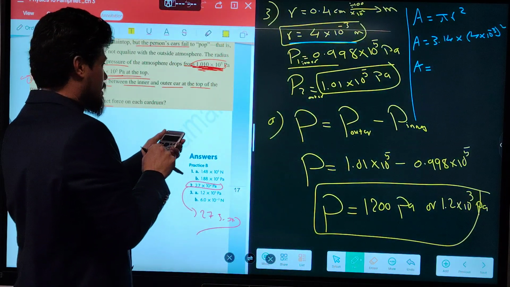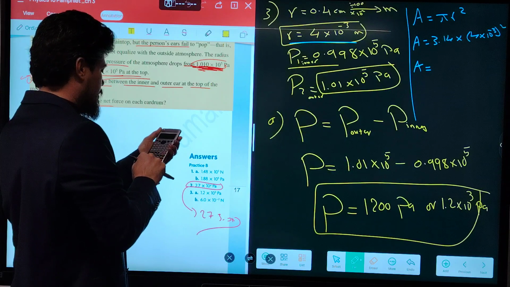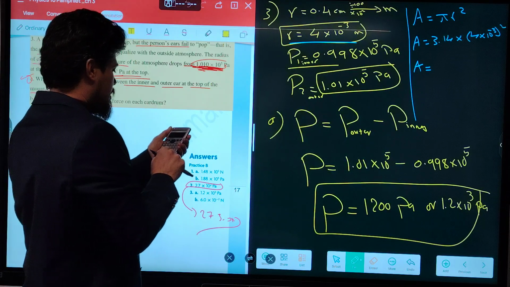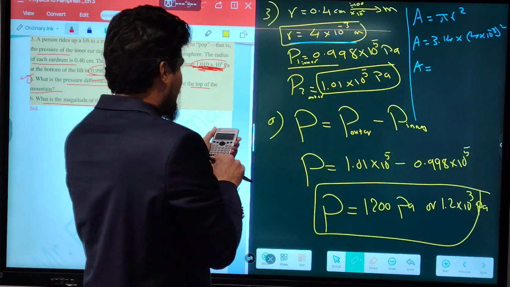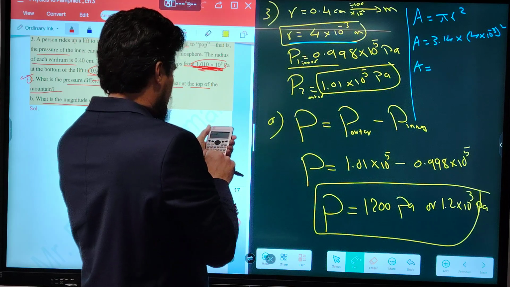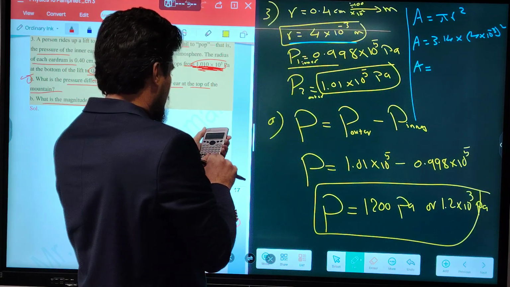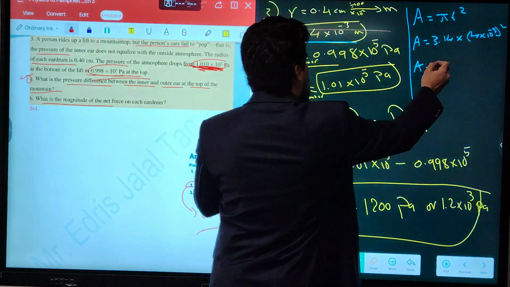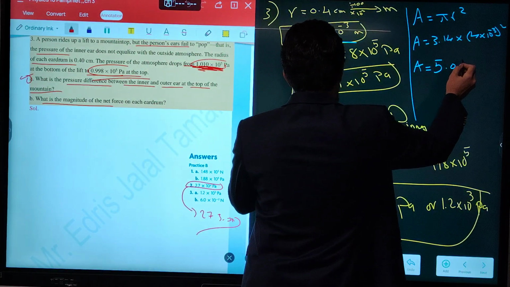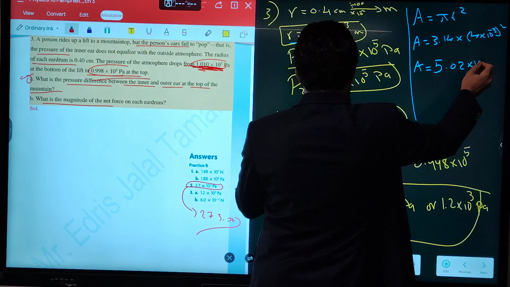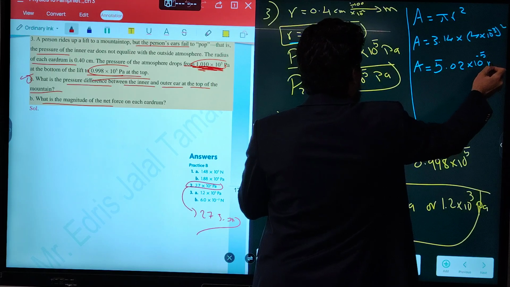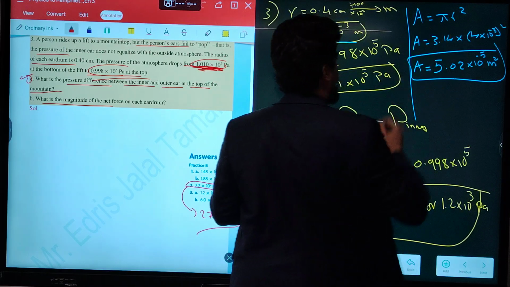4 squared is 16. 16 times 3.14 is equal to 50 times 10 power negative 6, which is 5.02 times 10 power negative 5 meters squared. This is the area.